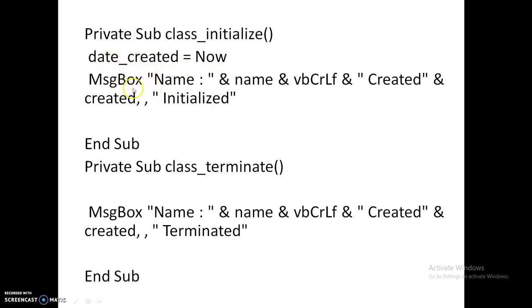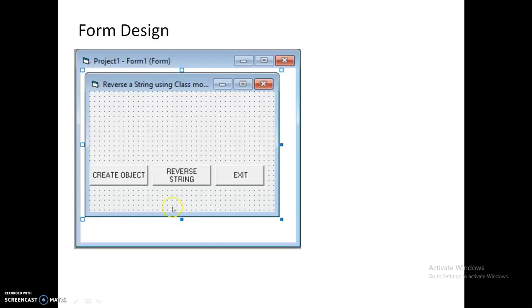And in the message box, the details are displayed, like the name of the object, which is nothing but the input stream, and since it is getting initialized, the title is given as Initialized. And then in the Terminate event, simply by using the message box, the triggering of that event is represented, along with the value of the input stream.